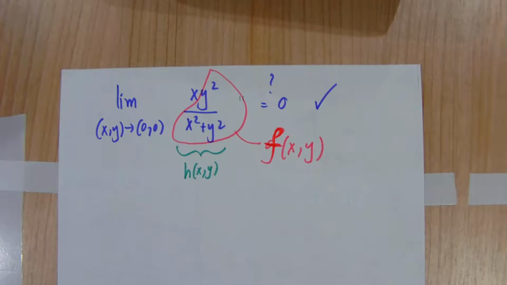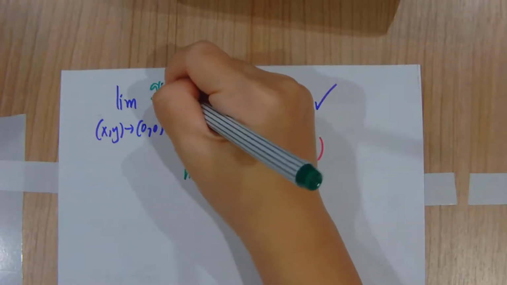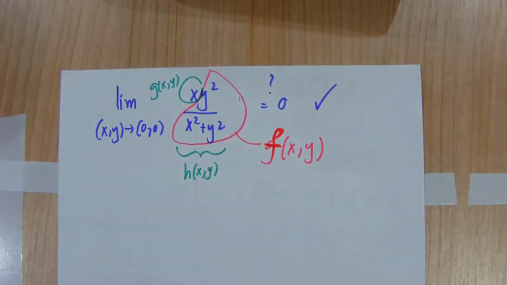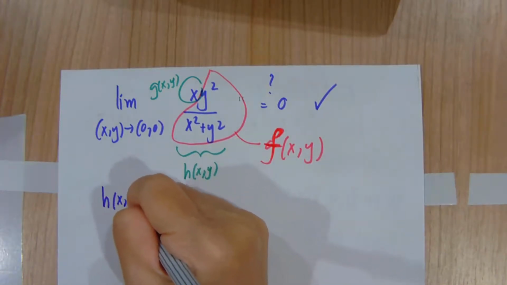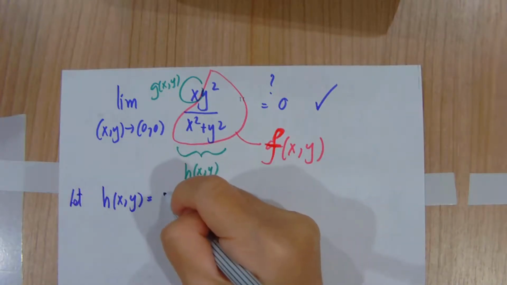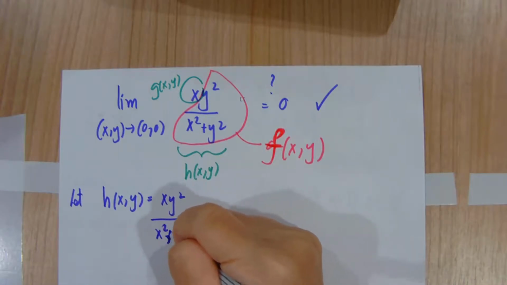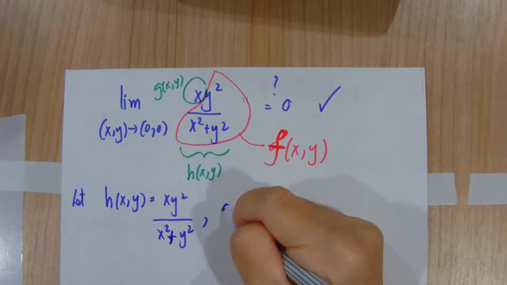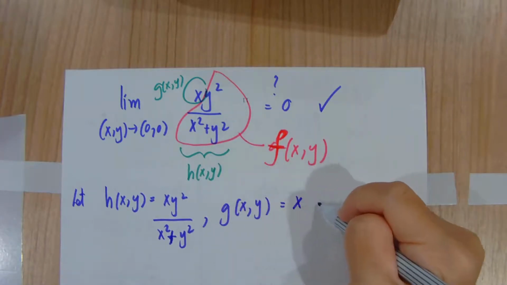So we let our function h be this, and the function f and function g are these.